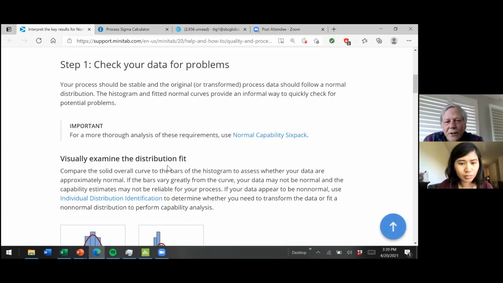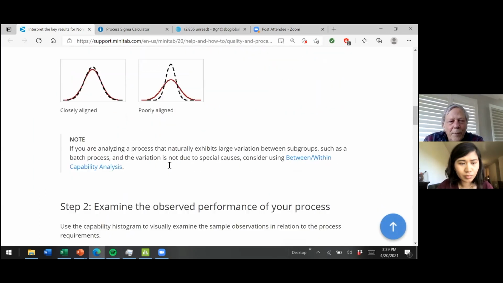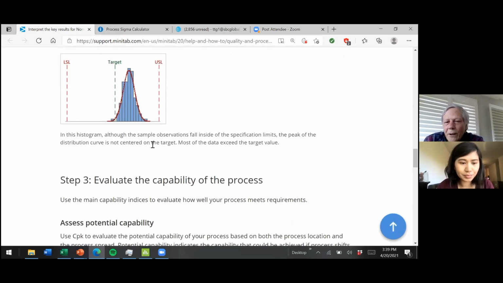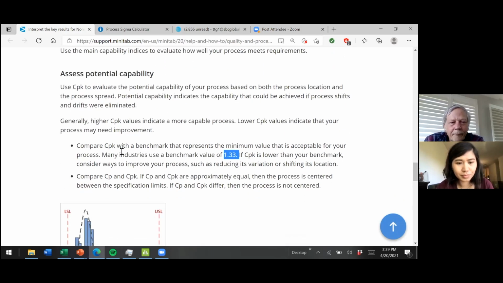It brings you to this, and it tells you that you basically want to look at your results graphically: are they centered and how well do they fit within the limits. And here's where you want to compare your CPK with a benchmark that represents the minimum value that is acceptable for your process. Many industries use a benchmark value of 1.33 for CPK and for PPK.